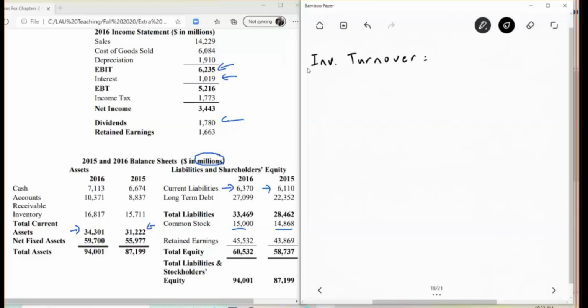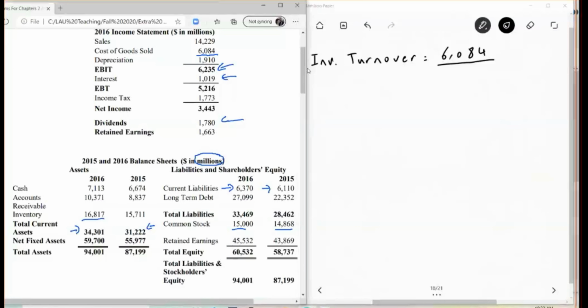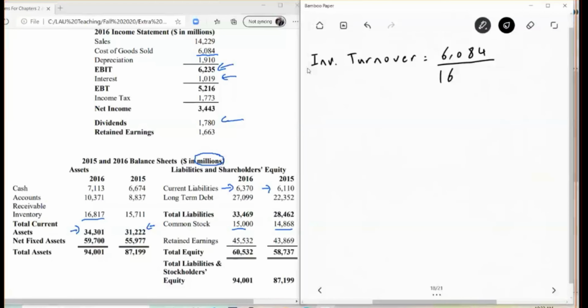That ratio is equal to the cost of goods sold, which is 6,084, divided by inventory, 16,817.